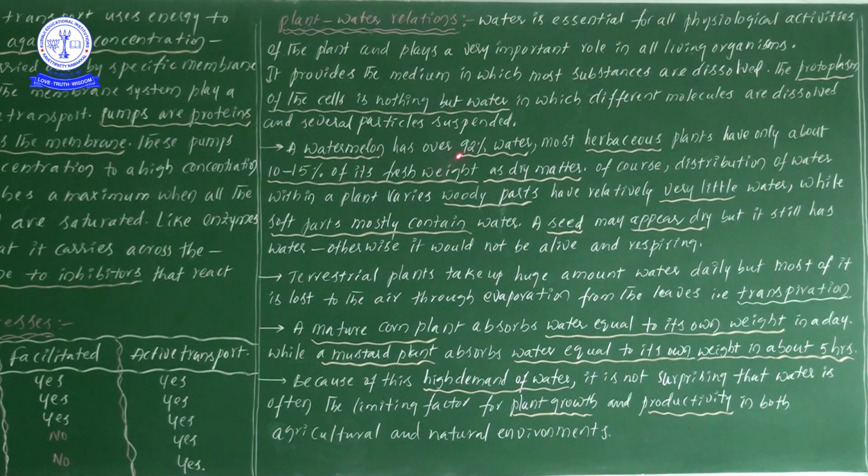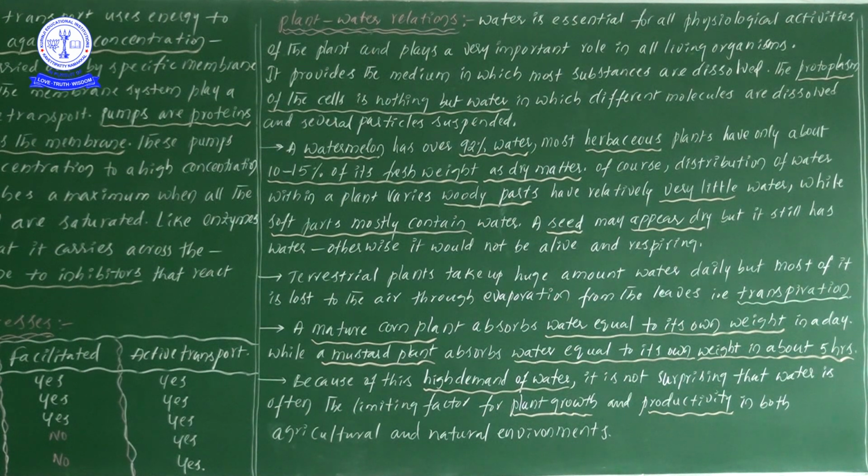A watermelon has over 92% water, and most herbaceous plants, up to here one statement is completed. Next statement: most herbaceous plants have only about 10 to 15% of their fresh weight as dry matter. Suppose mummy is preparing palak curry. She cleans the leaves and puts them into a vessel, and when she starts to boil, we observe the presence of water without any addition of water in the bowl.